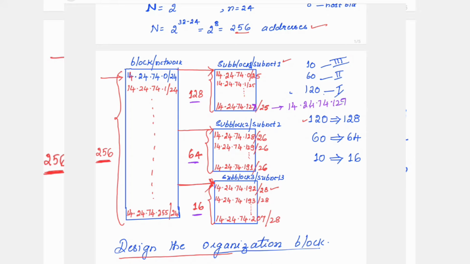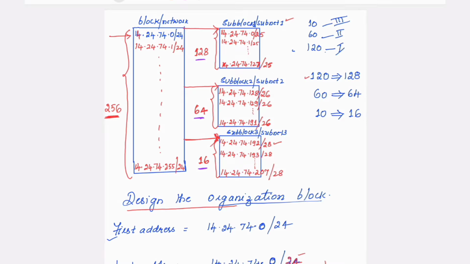Instead of 127, by mistake I wrote 128, and since I wrote 128 as the last address of the first subnet, the first address of the second subnet became 14.24.74.129. So these are the two errors that happened in that video, and I have also written the correction statement in the description of that video. What I wanted to tell is, when you are calculating the last address of any subnet, you have to calculate carefully and write the correct address so that the first address of the next subnet will also be correct.